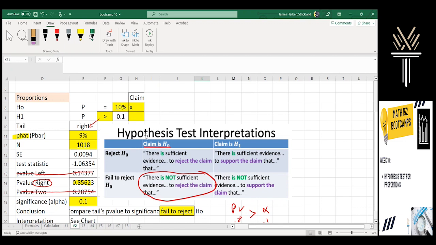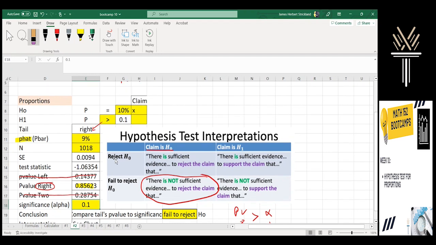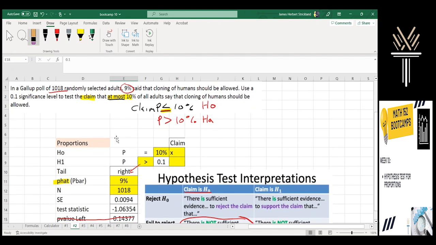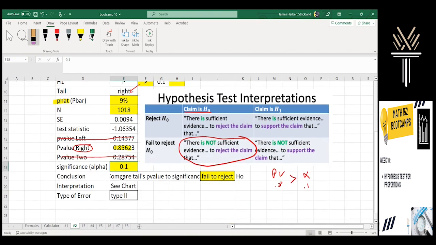There is not sufficient evidence at the 0.1 significance level to reject the claim that at most 10% of adults say cloning of humans should be allowed, which means that we're saying that it's possibly true that no more than 10% think it's okay to clone humans. It appears to be true. If somebody in the future found out that was a mistake, we would classify the mistake as a type 2 mistake because you failed to reject and you shouldn't have.